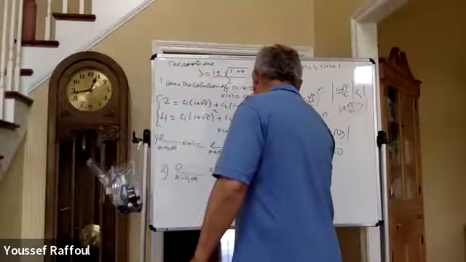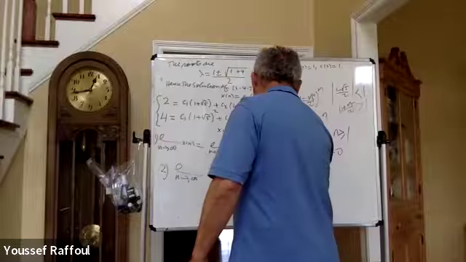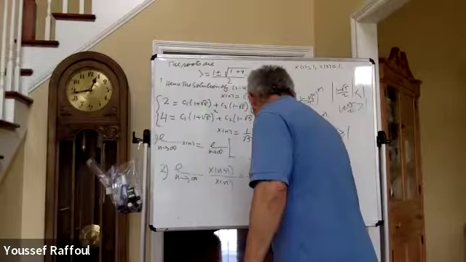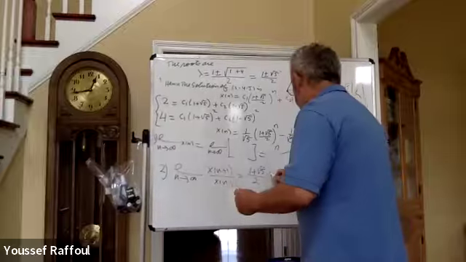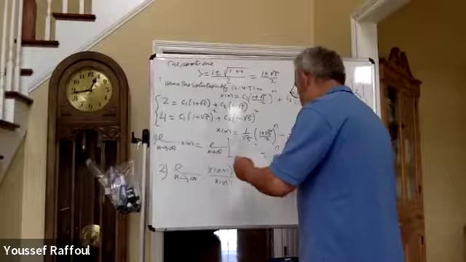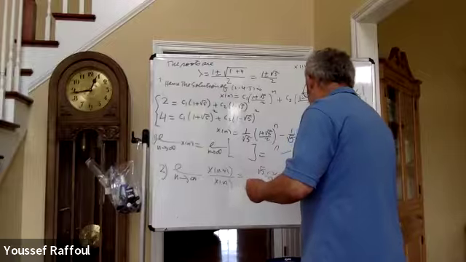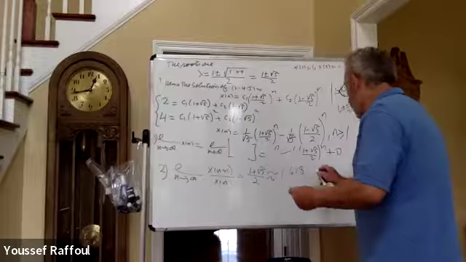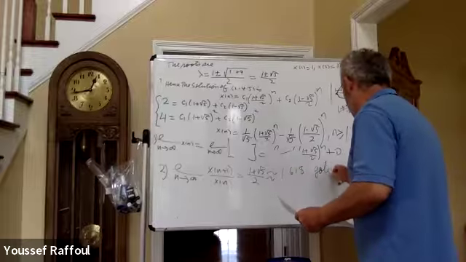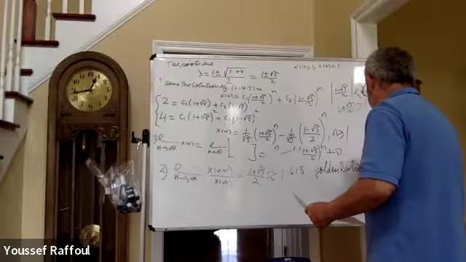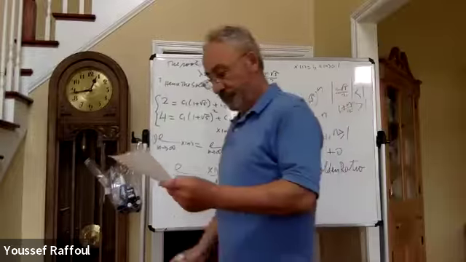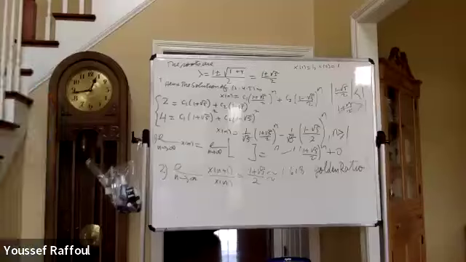And that would be (1 plus the square root of 5) divided by 2, and that is 1.618. And that is known as the golden ratio. This is the golden ratio. Okay? Any questions?